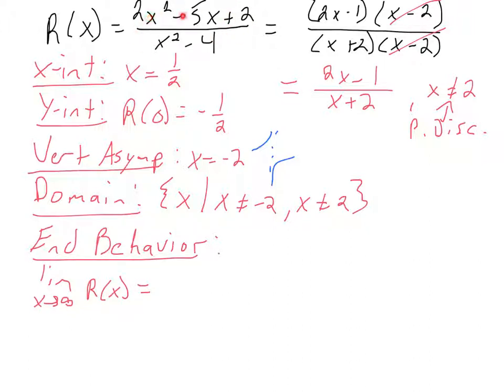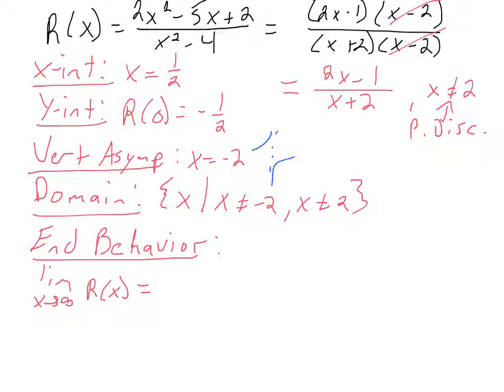If we look at this function right here, anytime we're trying to take the limit and the top and the bottom are both second order, both quadratics, they increase at roughly the same rate. What do I need to do at that point to determine the limit as x goes to infinity? They both increase at the same rate, meaning they're going to go to a constant other than 0. They're not going to go to 0, they're not going to go to infinity, they're going to go to some constant in between.